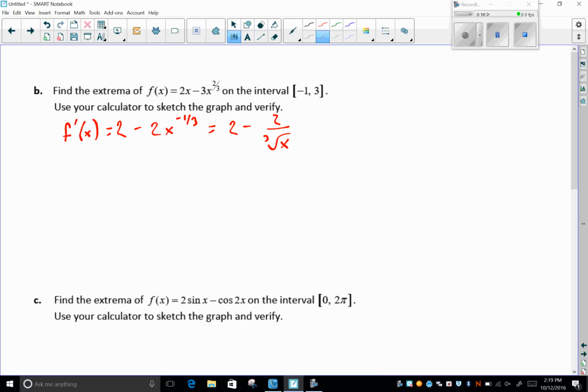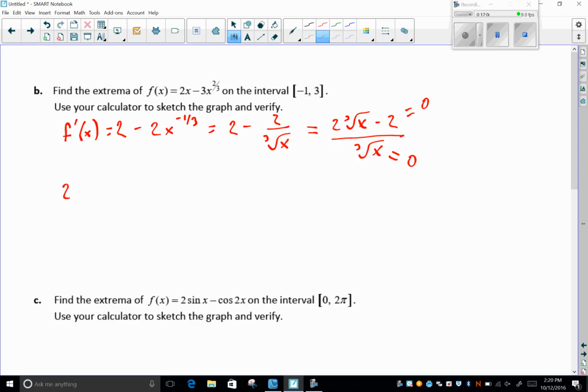One of the things I always do here is when I have fractions involved in my first derivative, I combine to a single fraction. So if I crisscross straight across, I'm going to get 2 times the cube root of x minus 2, over the cube root of x. So now I can see that I'm going to set the top equal to 0 for where my first derivative equals 0, or horizontal tangents. And then I'm going to set the bottom equal to 0 to find those vertical tangent lines, or where the first derivative is undefined.